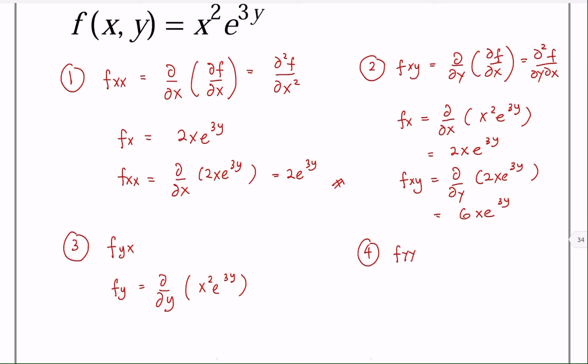So we hold x as a constant, therefore we will obtain 3x squared e 3y. And then fyx means that we differentiate with respect to x the fy, 3x squared e 3y. So we hold y as a constant, we will obtain 6x e 3y.